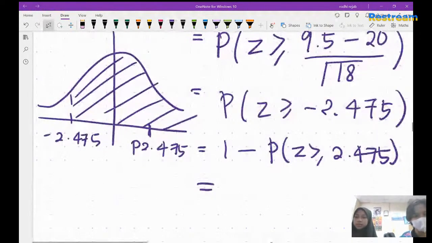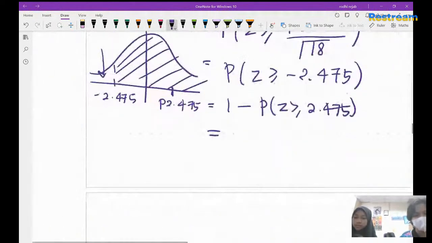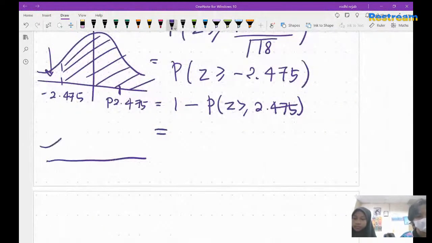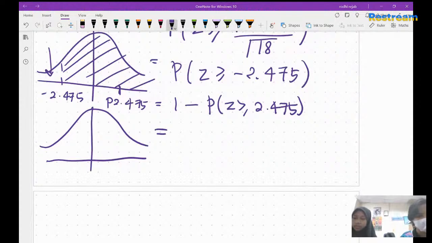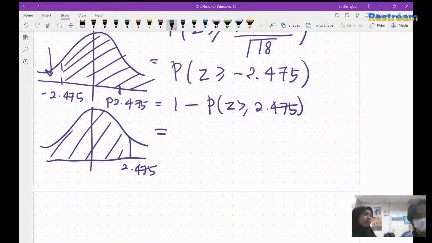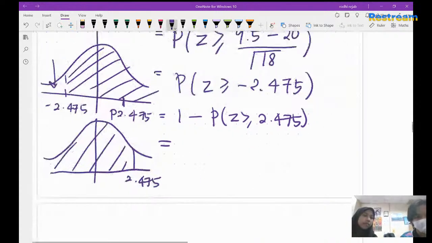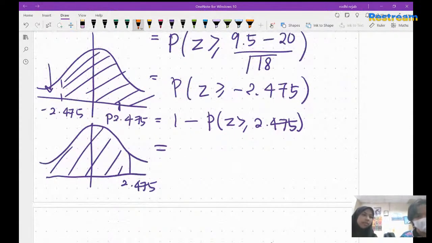Sebab kita nak yang ni. Ini kita flipkan the graph. Kan kita nak yang ni. It will be the same if we just count it this way. These two, this one and this one is the same.